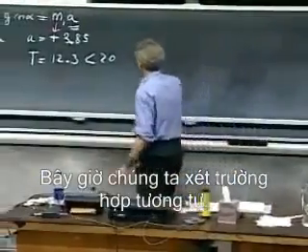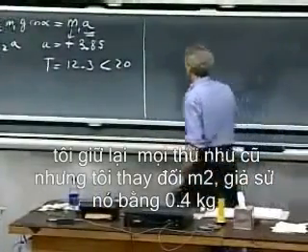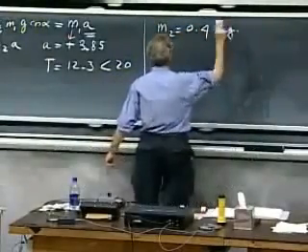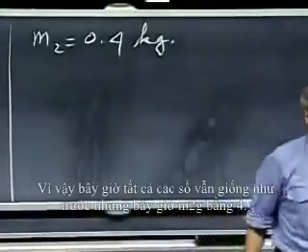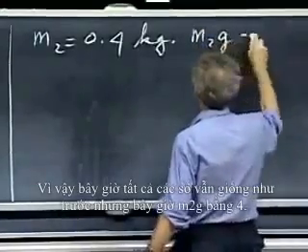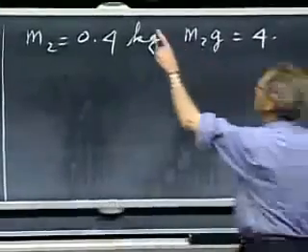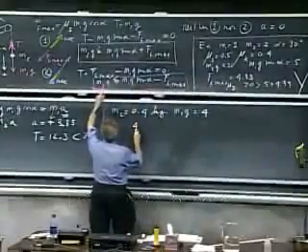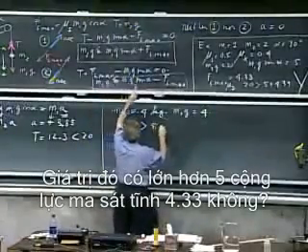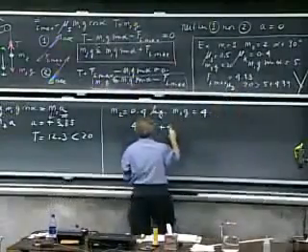Now, we take the same situation. I leave everything unchanged, but I make the second mass, m2, 0.4 kilograms. So now all the numbers remain the same that we have there, except that m2g now becomes 4. Now I'm going to test again. Is m2g, which is 4, larger than 5 plus the static frictional force, 4.33?